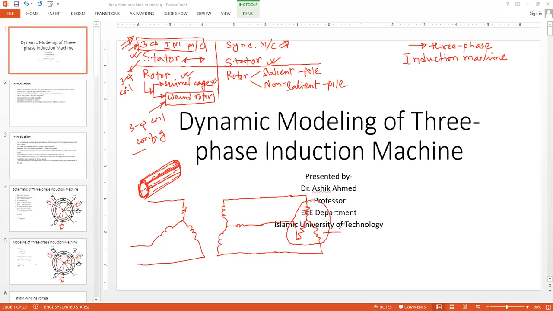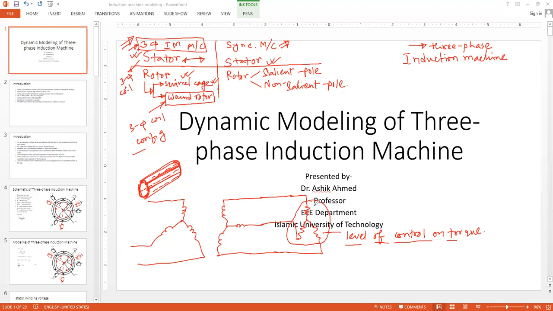Okay, so this block provides you some level of control over the torque that is produced on the rotor.